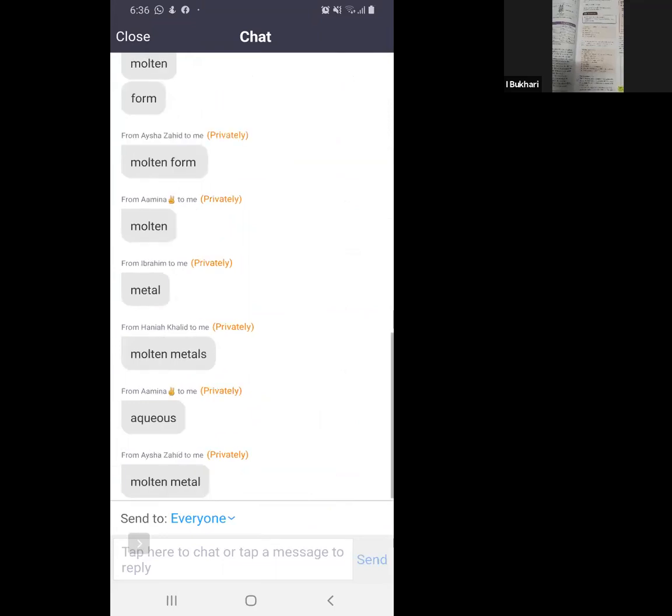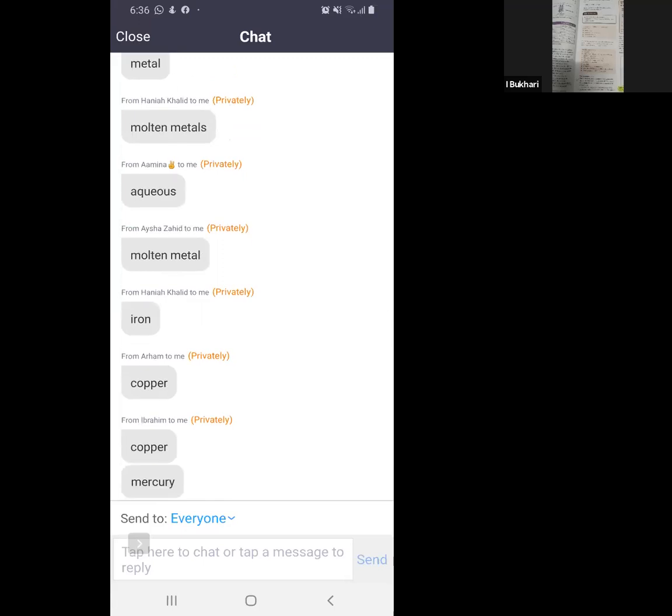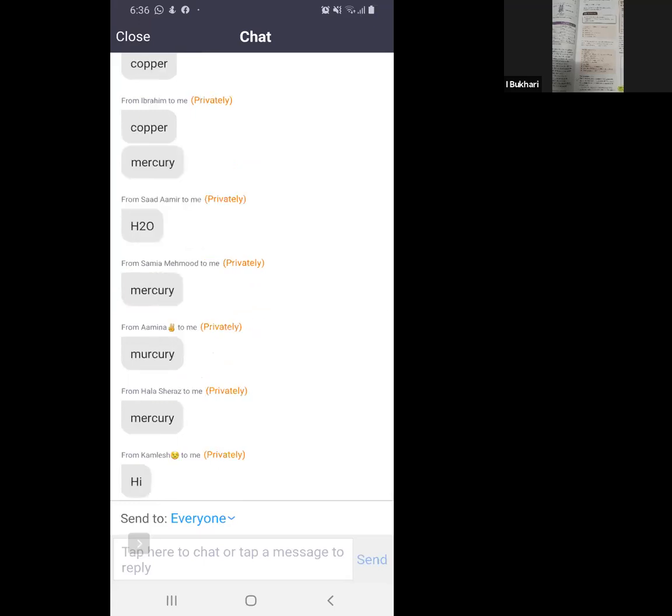Can you think of a very common example of a molten metal that is liquid at room temperature? Yes, Ibrahim, mercury. In thermometers, yes, mercury is a metal which is liquid at room temperature, and therefore it can conduct electricity even at room temperature. Yes, good job.